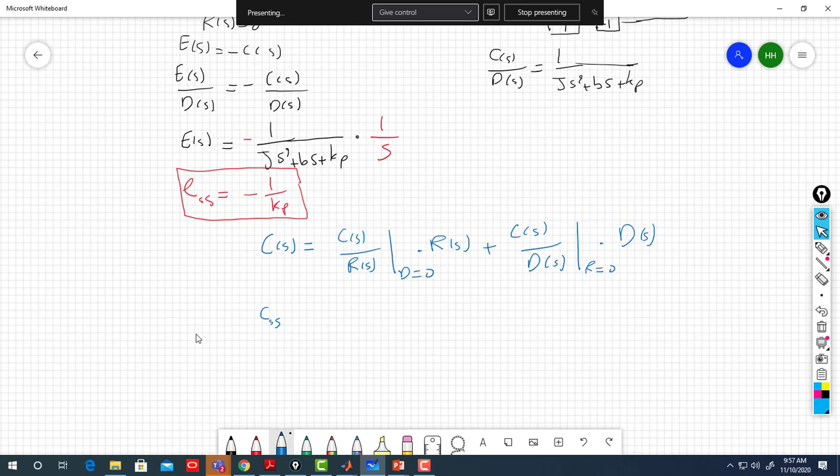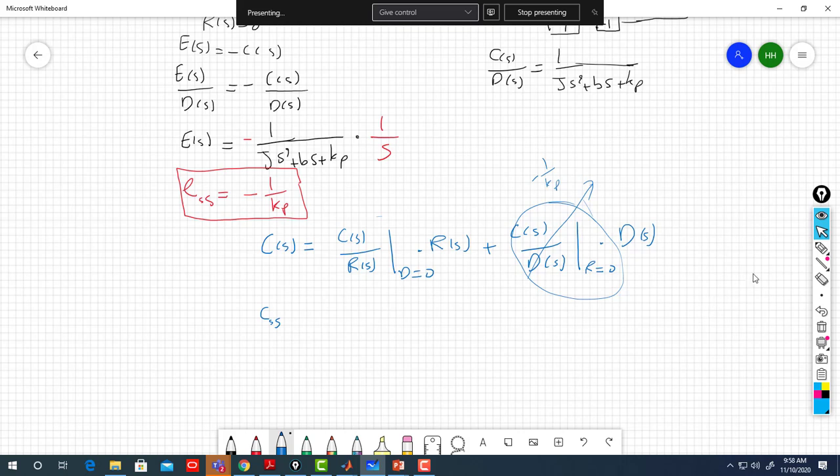What we would like is for the disturbance term to tend to 0 and this term to tend to 1, then I can have C tend to R. But here C doesn't tend to R exactly, because I have a term here which is 1 over Kp.